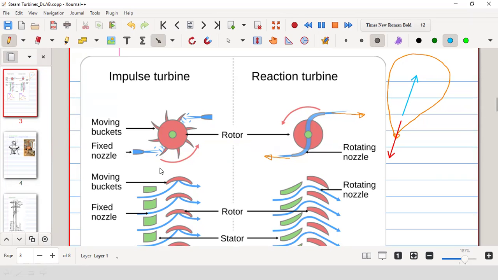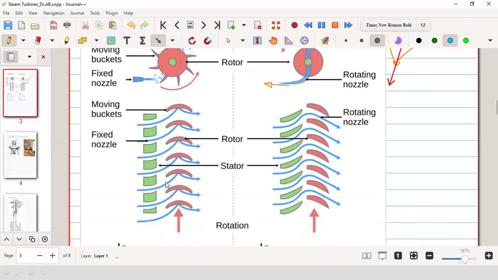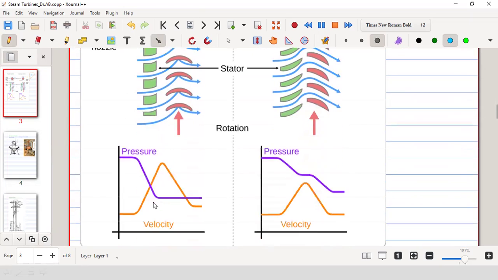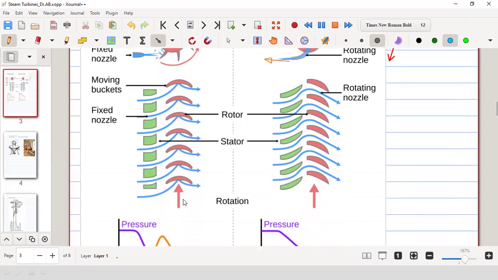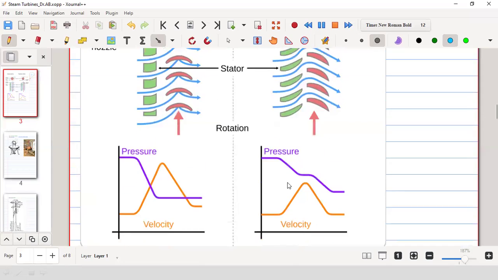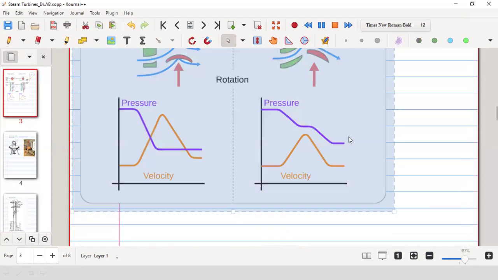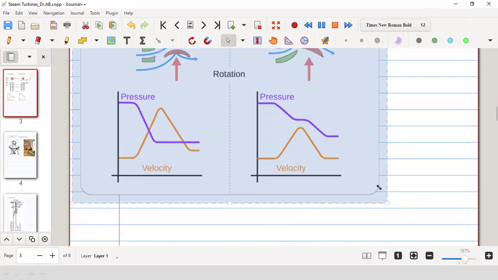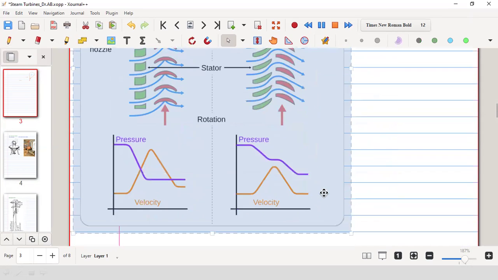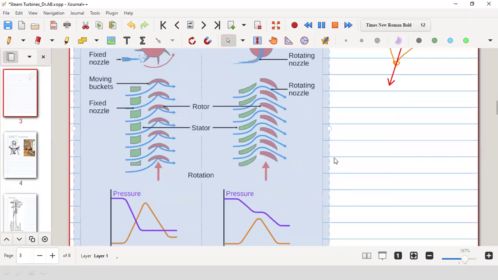Here we have to understand the corresponding diagram of pressure and velocity. It is very important to understand how the pressure and velocity are varying.